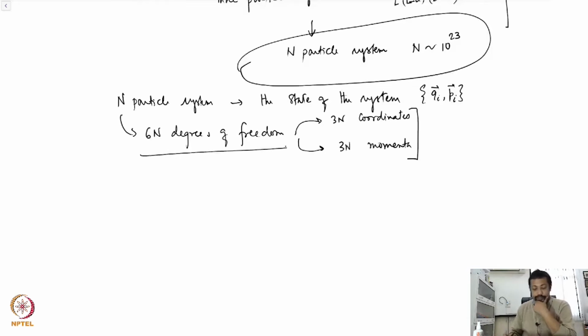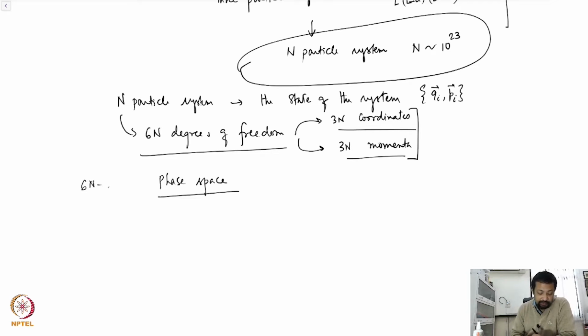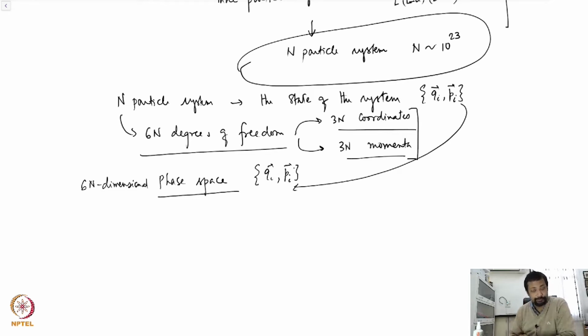Since we have 6n degrees of freedom, 3n coordinates and momenta, one can try to visualize the phase space of this system. It's complicated to visualize, but one can think about the phase space of the system, a 6n dimensional space where this particular quantity, the state qi, pi, is represented by a point, right?